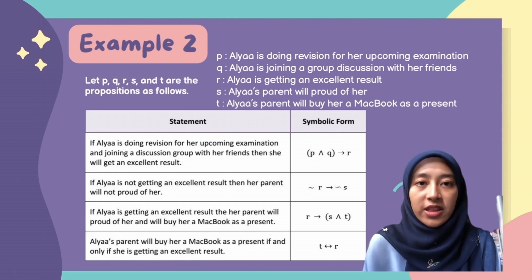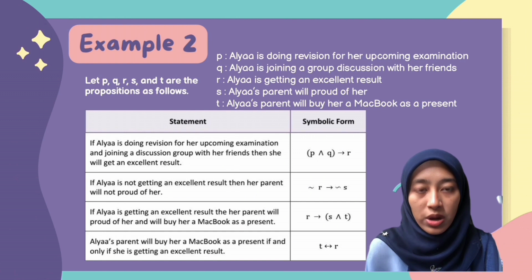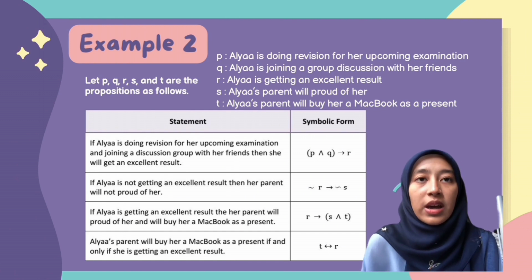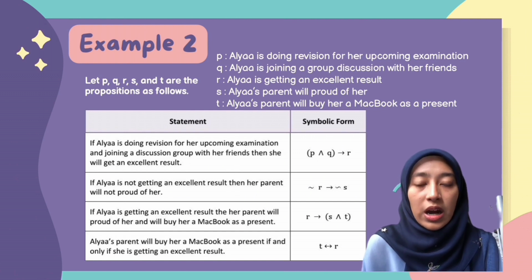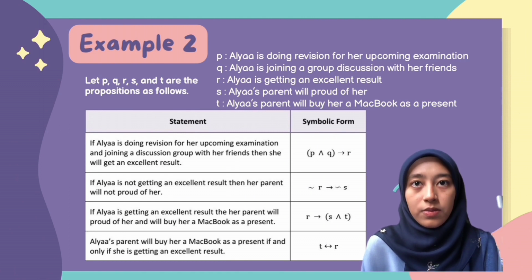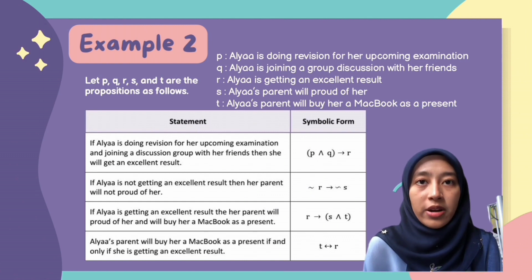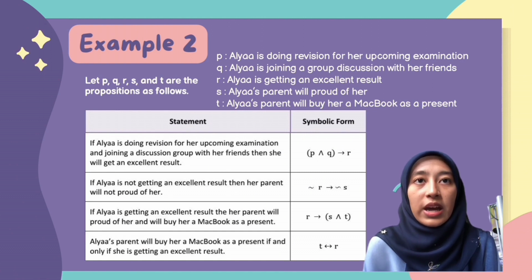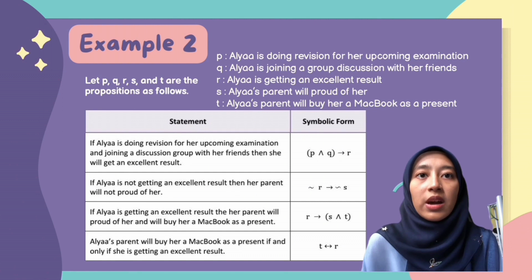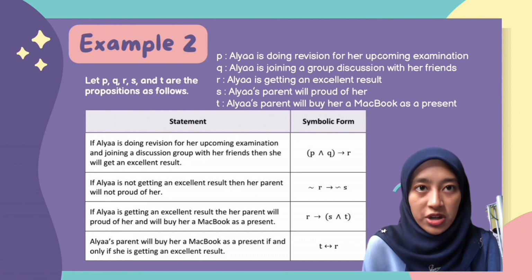If Alia is getting an excellent result, then her parents will be proud of her and will buy her a MacBook as a present. Symbolic form is R implies in bracket S and T. Last statement, Alia's parents will buy her a MacBook as a present if and only if she is getting an excellent result. And the symbolic form is T biconditional R.